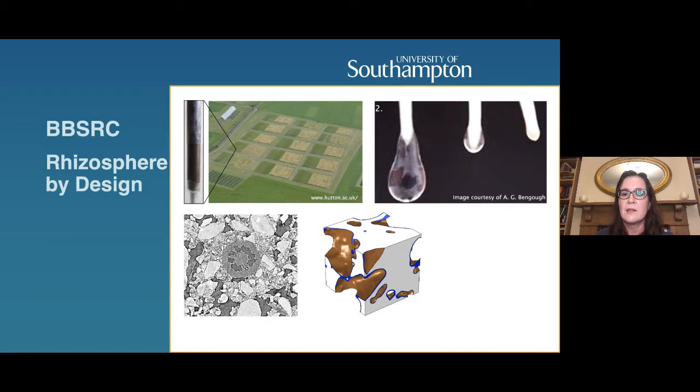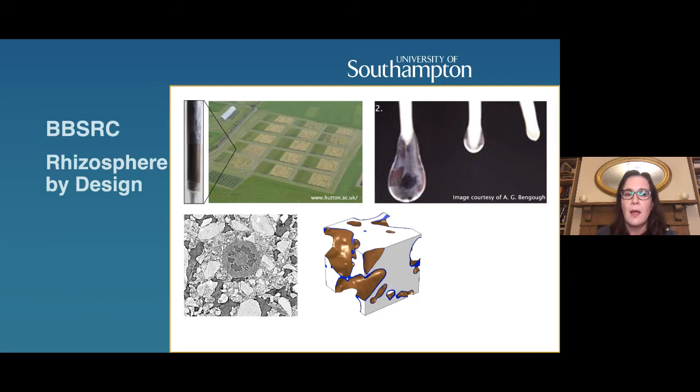So we did pore scale imaging with synchrotron and modeling of barley roots in soil, and then we fed within that same project this same information into the field trials that were done at James Hutton Institute in Dundee.